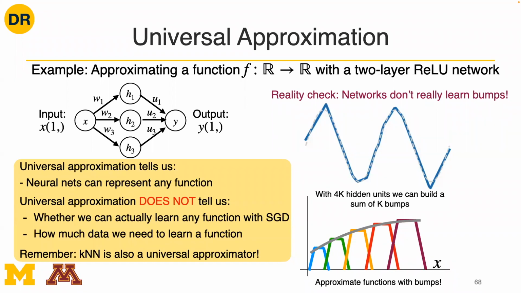Nor does it tell us how much data we would need, combined with the optimizer, to train the function to some arbitrary precision. So it's a property that's very motivating for us, but it doesn't give us tools that we could implement in practice to decide when we're going to achieve some level of desired precision, or with what optimizer and so forth. But nonetheless, it's a very interesting property.